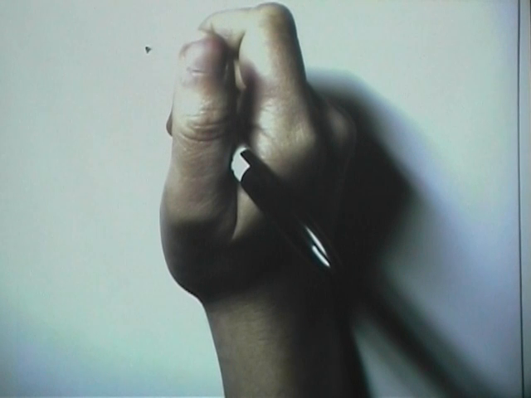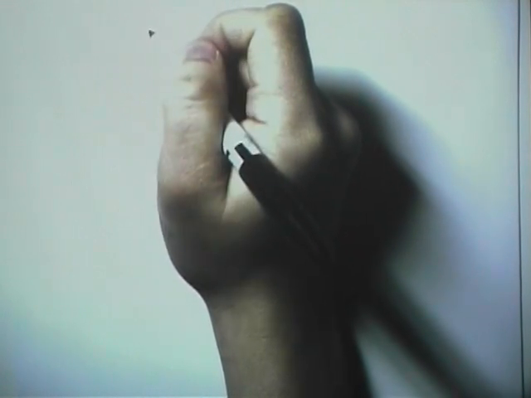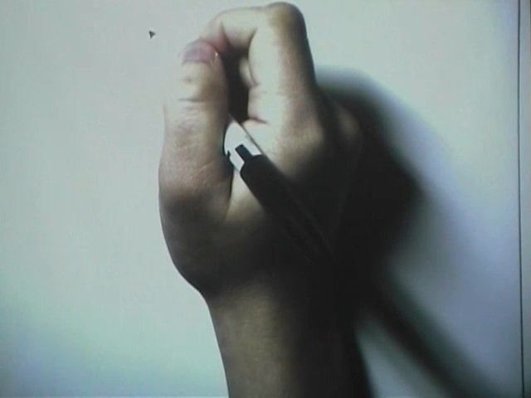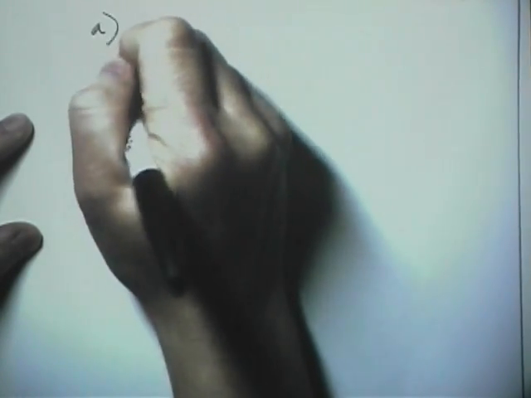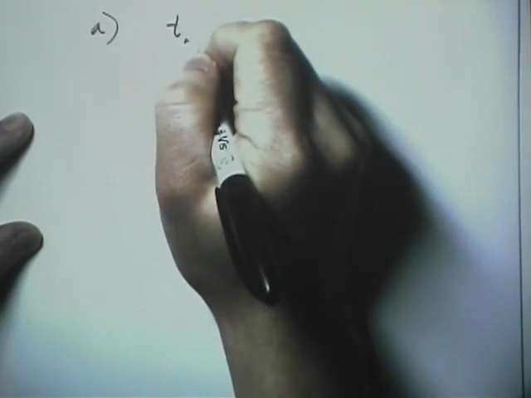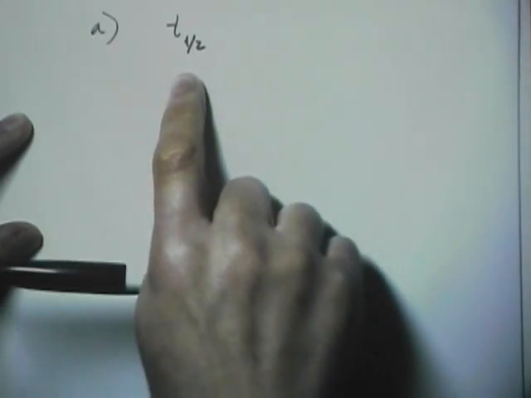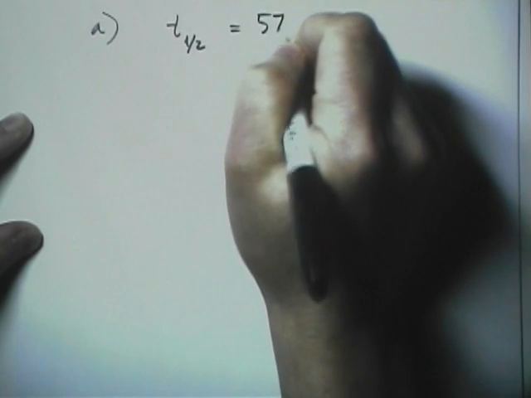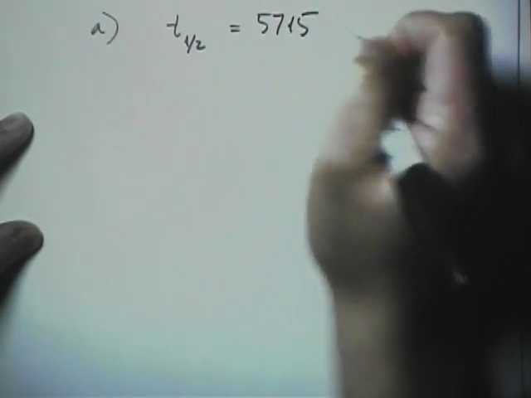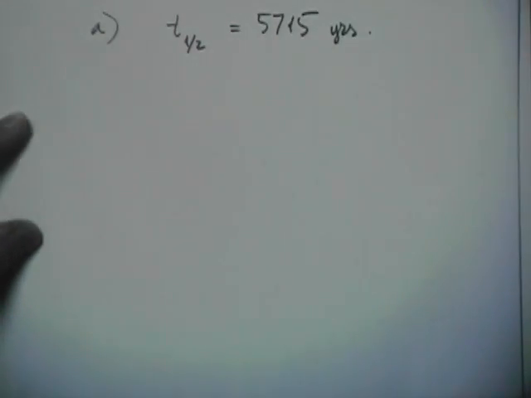Because if you read again into the problem, 5,715 years is how much time it takes for a certain amount of carbon to lose and remain only half of it, half of the original amount. And so now I'm safely starting my problem with knowing that T1/2, which is the notation for half-life, right? T1/2 here is going to be 5,715 years, and that's the unit for time here.